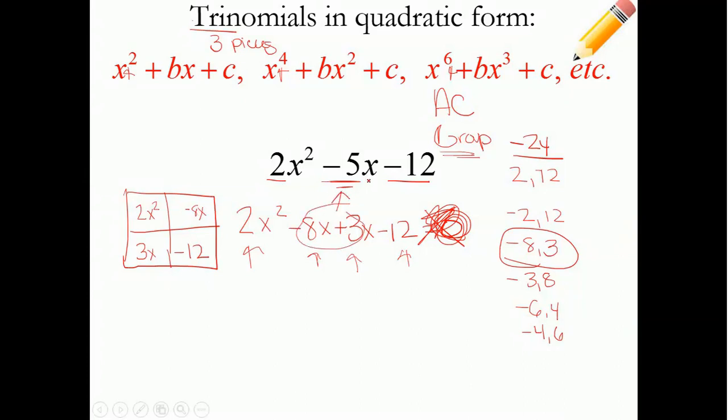You just kind of change the answer to make it work for you. So it looks like we have a 2x that can come out of here. 2x times just x will give me 2x squared. x times 3 will give me 3x. And 3 times negative 4 will give me negative 12. 2x times negative 4 is negative 8x.